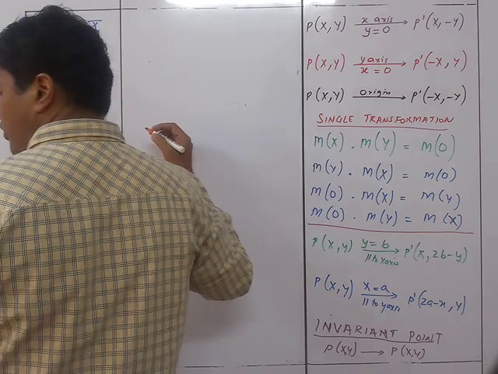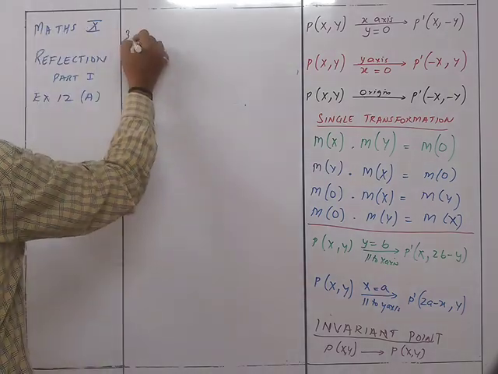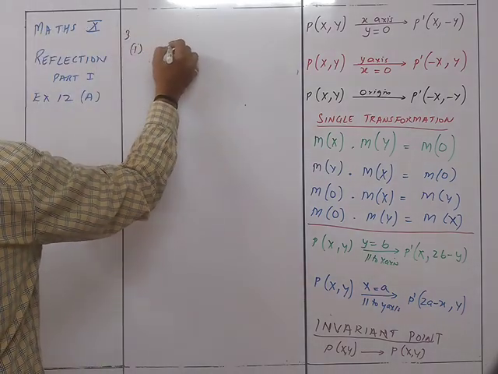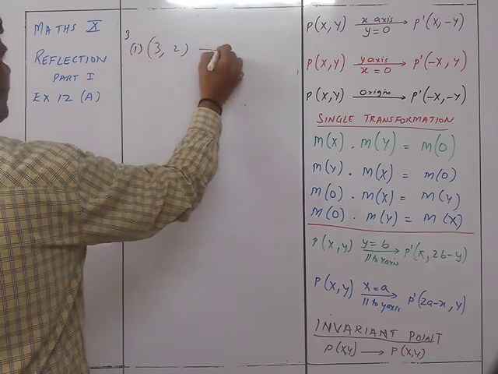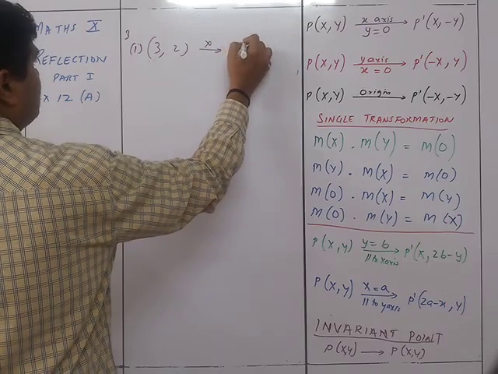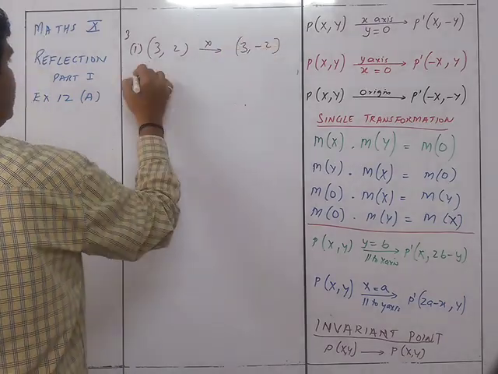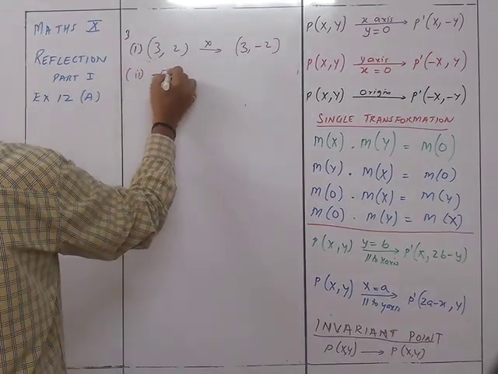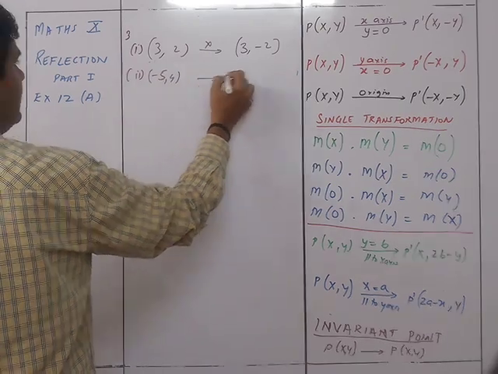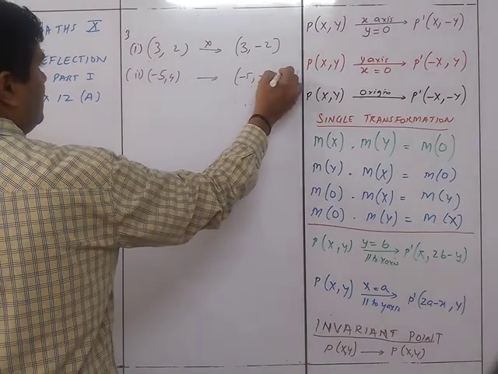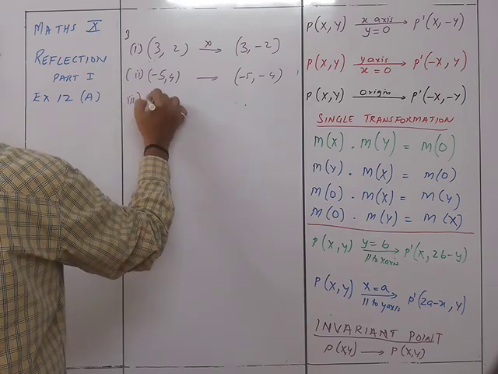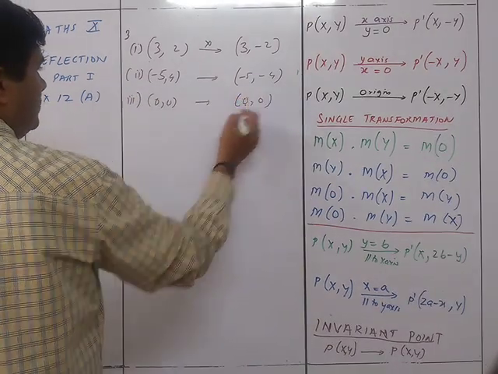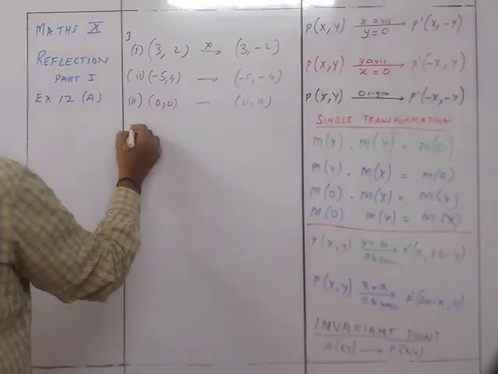Write the coordinates of the following points when reflected in the x-axis. So third one, first is P. (3, 2) under reflection in the x-axis will become (3, -2). Second one, (-5, 4) will become (-5, -4). Third, (0, 0) under reflection will remain (0, 0) because it has no negative.